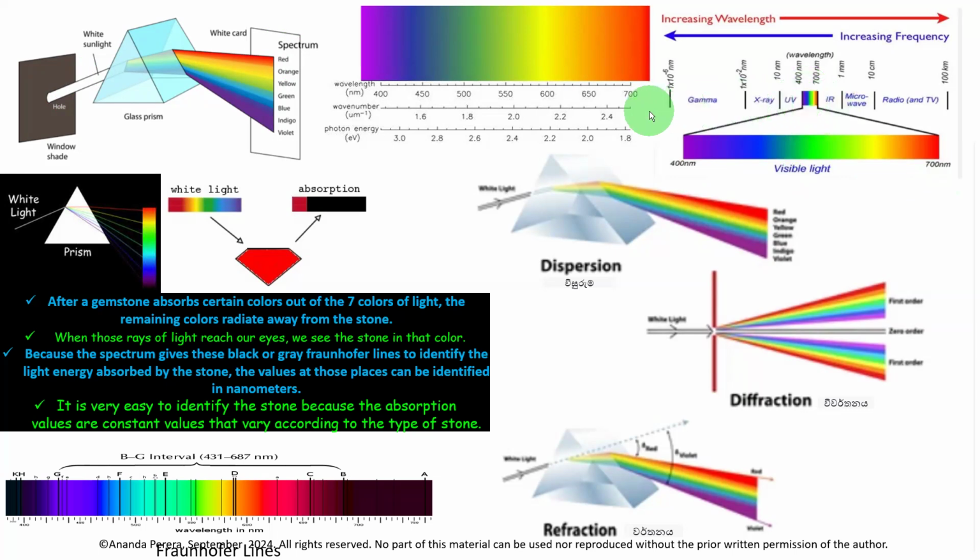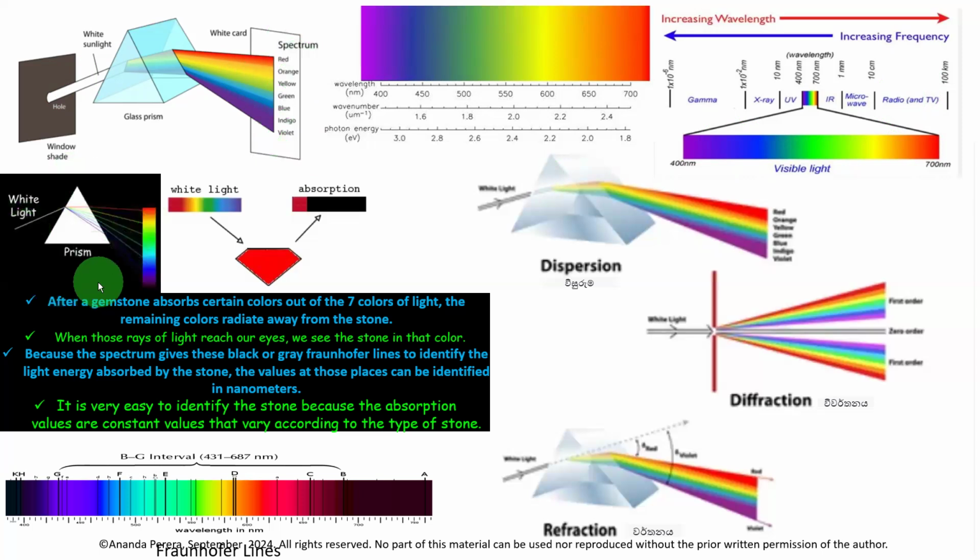Below 400 is UV, X-ray, gamma, and over 700 is IR, infrared, microwave, radio wave, TV wave, like that. So this side and this side we can't see. It is harmful for the naked eye. This is called the spectrum. Spectrum colors, the order is this. You have to remember this.